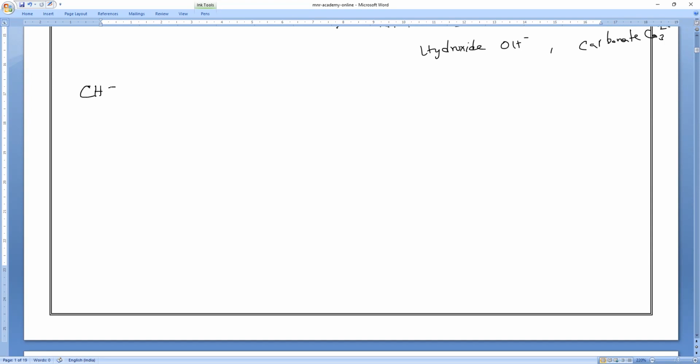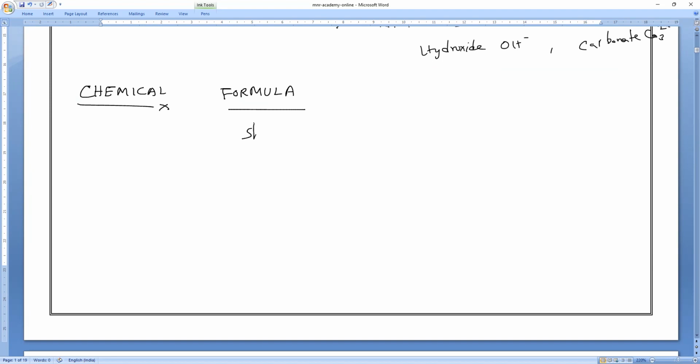So what is the concept we are going to study in today's class? Chemical formula. All of you write it. Chemical formula: the shorthand notation or representation of a chemical compound.